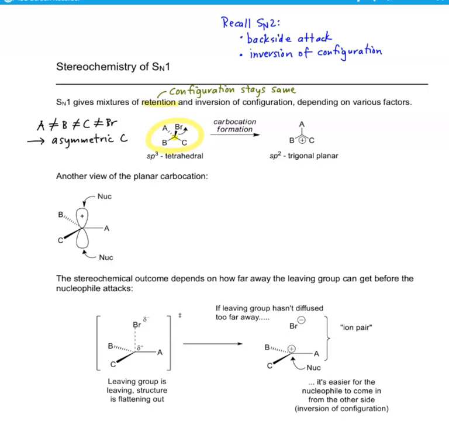So the compound ionizes, starts out as a tetrahedral arrangement of the groups around that asymmetric carbon. The compound ionizes, the bromine takes off, and now what we have is a trigonal planar arrangement of the groups because the carbon has rehybridized to sp2. So this is a flat structure, the structure on the far right.